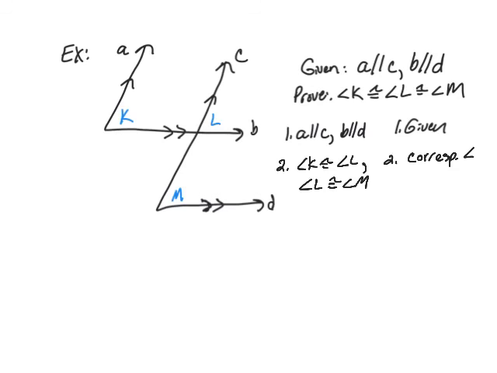And then by substitution, we have angle K is congruent to L, which is congruent to M. And I would just call that substitution. Okay, so that's another example of how we can prove different theorems in geometry.